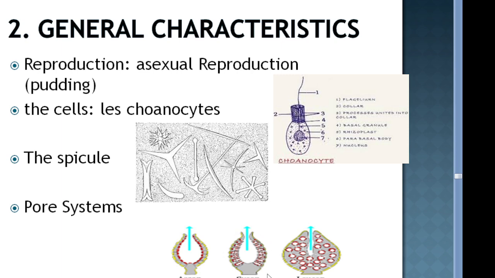But if the food is less, they develop another type. And if they live in an area which is very poor in food, the sponges will develop a complicated or complex system in order to increase the contact with the water in order to have more food.